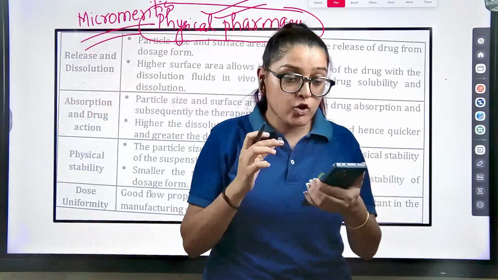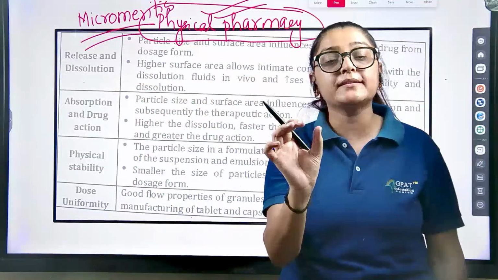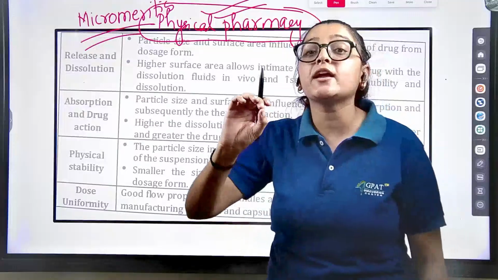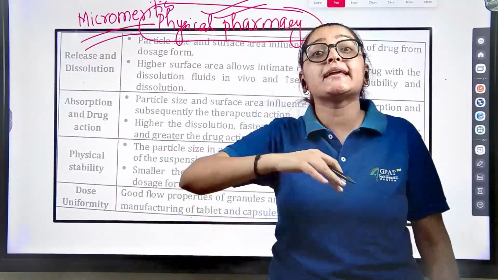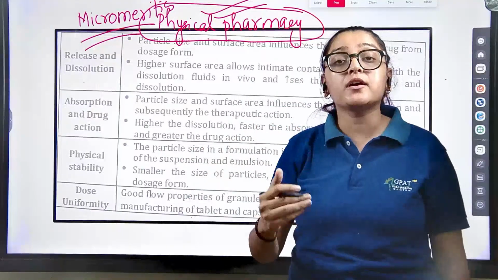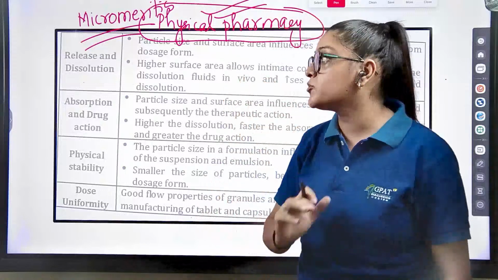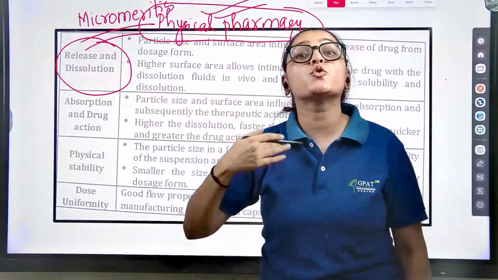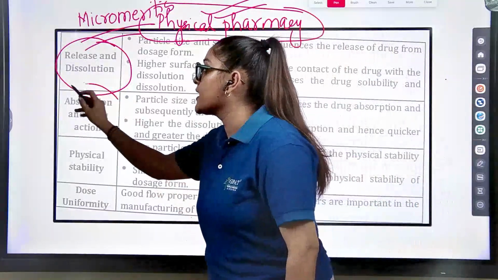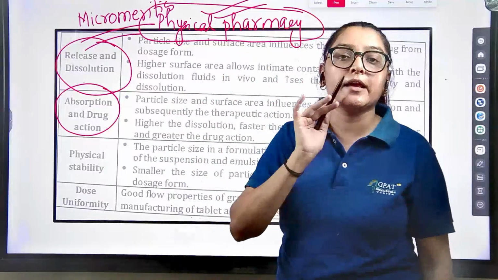Micromeritics. Micro means what? Means small in size. So it is the study of smaller particles. Why are we studying smaller particles? What is the advantage offered by such smaller particles? Once the particle is small, definitely its release, its dissolution is going to improve. Number two, if the dissolution improves, the absorption will be improved.